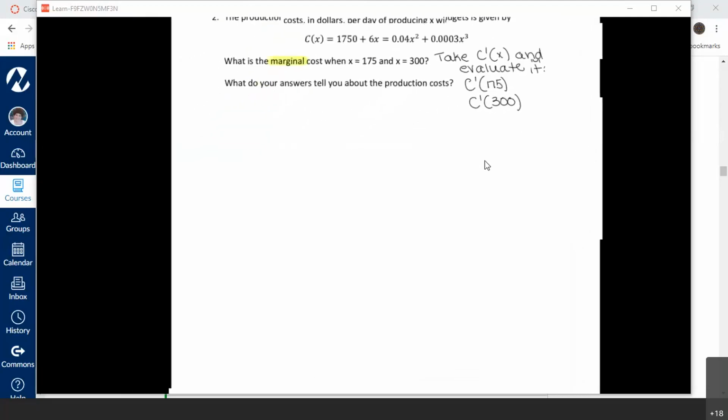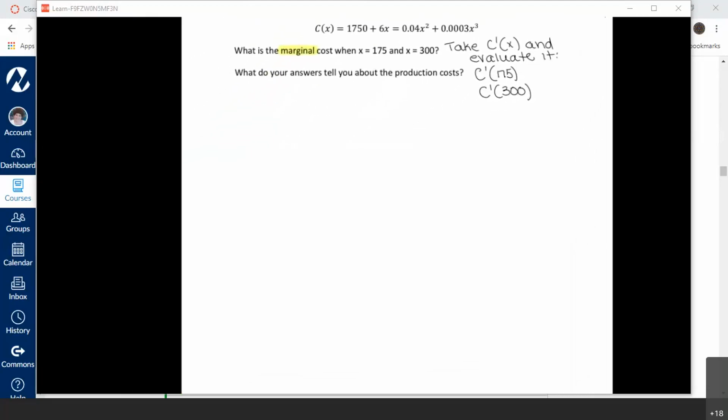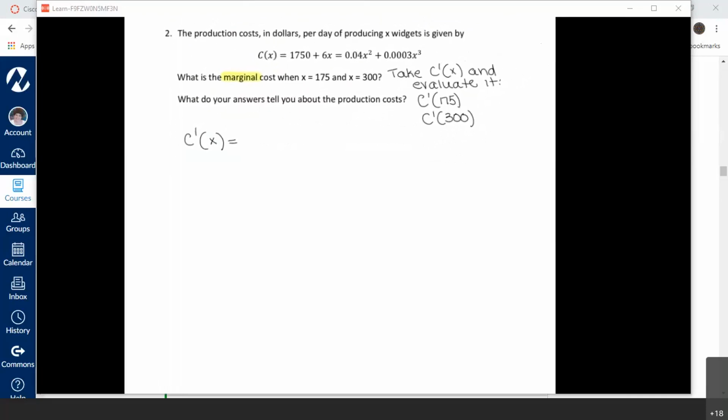So what I'm going to do first is take the derivative c prime of x. Because this function is cubic, I can use the power rule over and over again. That means bring down the exponent, multiply it by the coefficient that's already there, and then drop the exponent by 1.